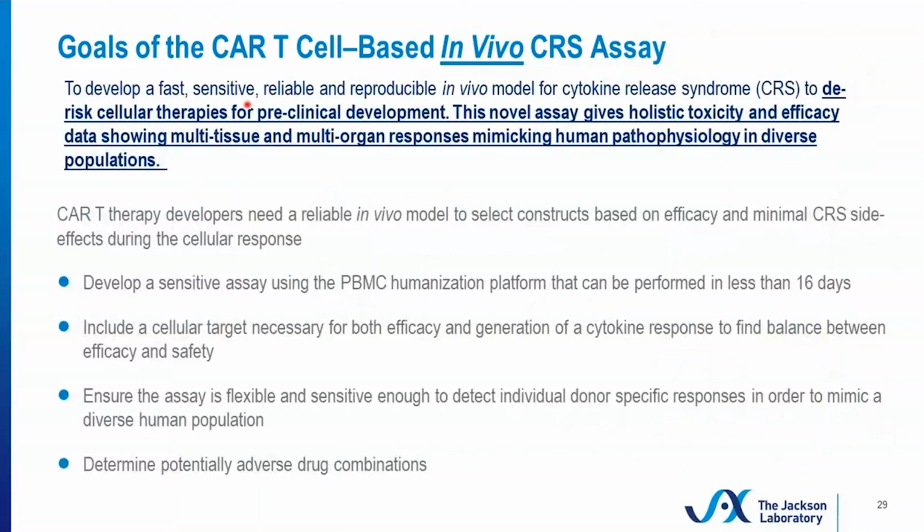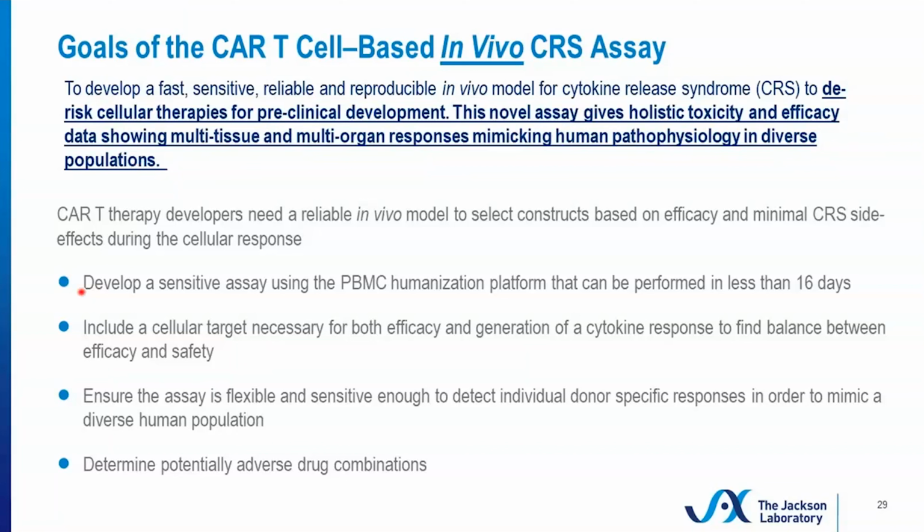The idea is to de-risk these therapies for preclinical development. Far too many of these promising therapies are being terminated in clinical trials due to the toxicity events that develop from them. And so what we would like is for this novel assay to give holistic toxicity and efficacy data in this multi-organ and multi-tissue responses that really try to mimic the human pathophysiology.